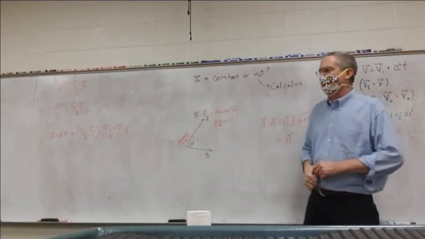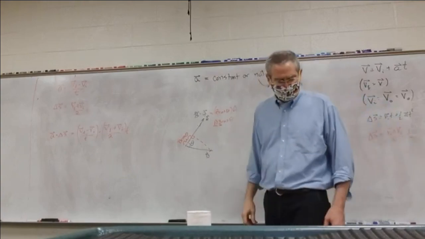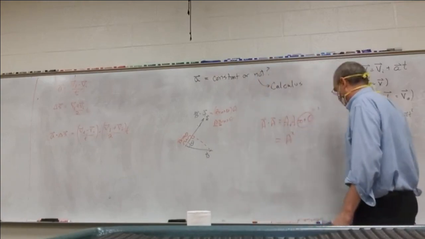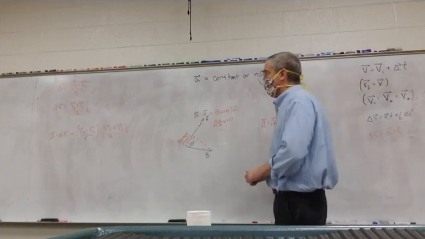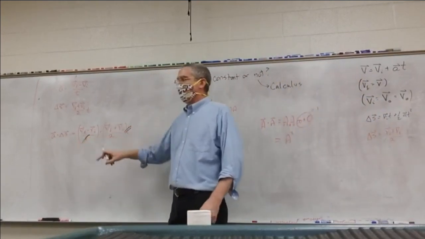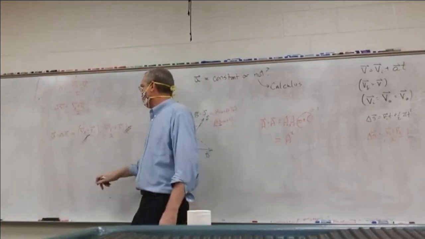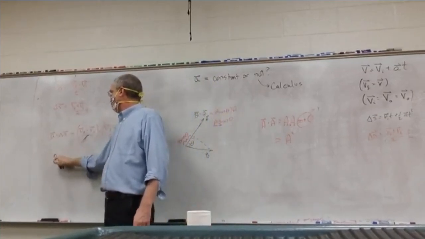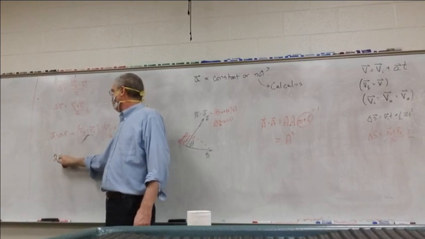Now the scalars here are just factors. You can take them in, take them out. They're not really involved in the mechanics of the dot product. So the time cancels out. I have time on top, time on bottom. The 2, I'm just going to multiply both sides by 2. So I have 2A dot delta S.